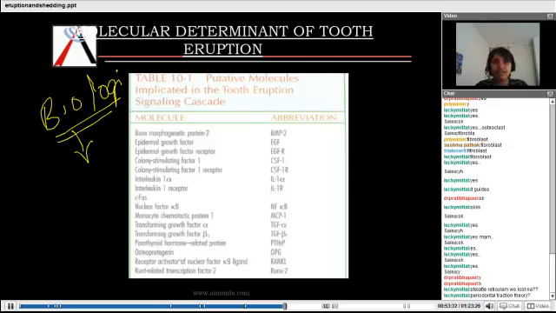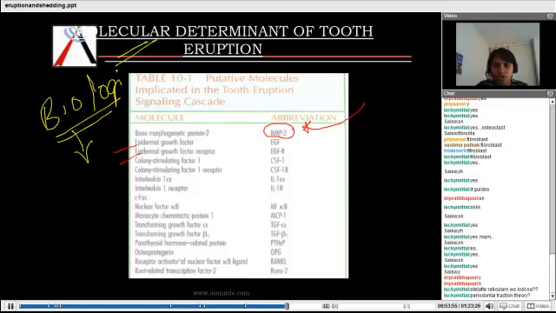The periodontal traction theory we'll also talk about. Now, when we are talking about the molecular signals, there are many molecular signals associated with the eruption of the tooth, and among these, the main one which you have to remember, which could be a possible source of MCQs, is BMP2, bone morphogenetic protein 2.